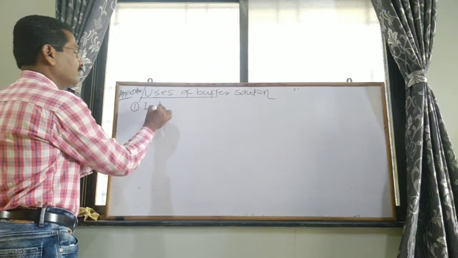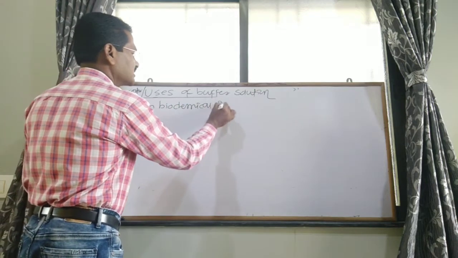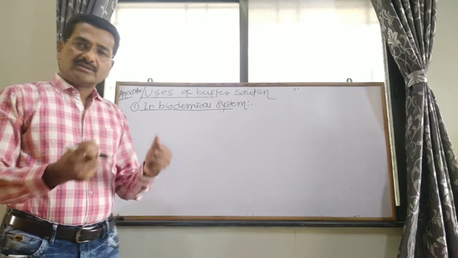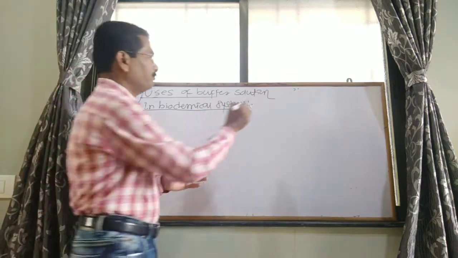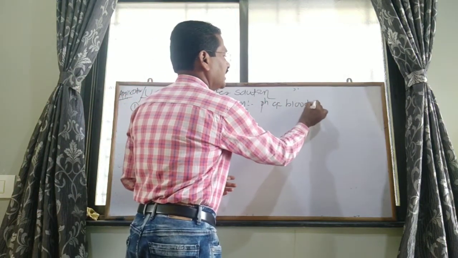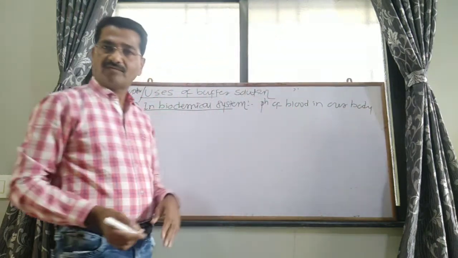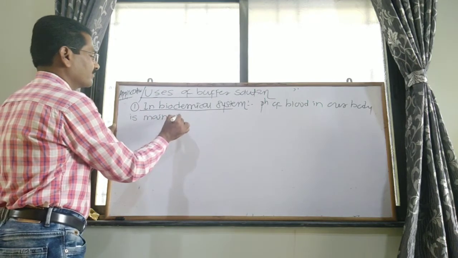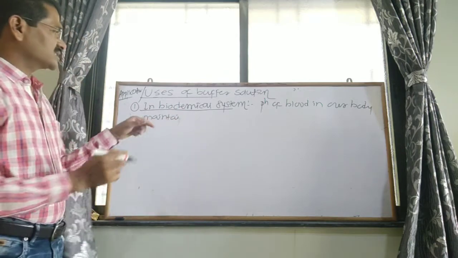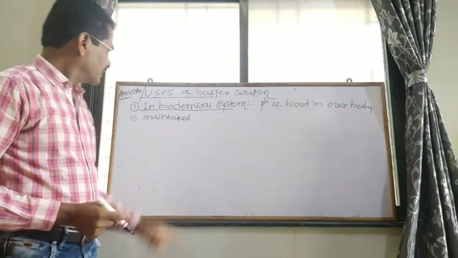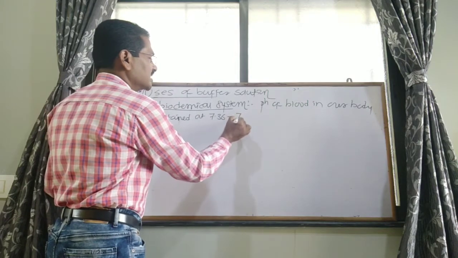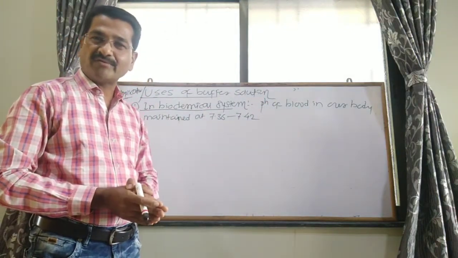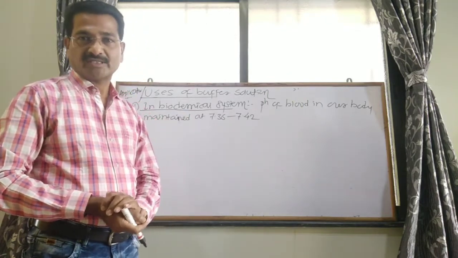First purpose, in biochemical systems. How is buffer solution used in biochemical systems? The pH of blood in our body is maintained at 7.36 to 7.42 by using buffer solution.